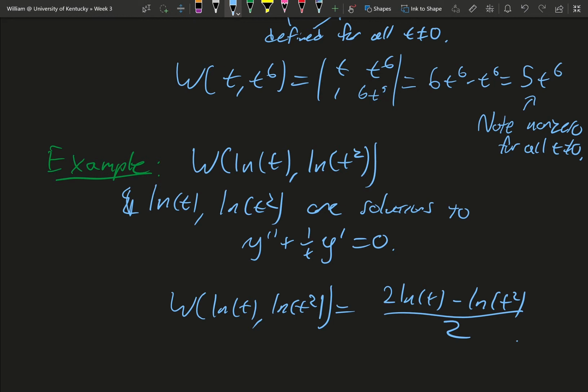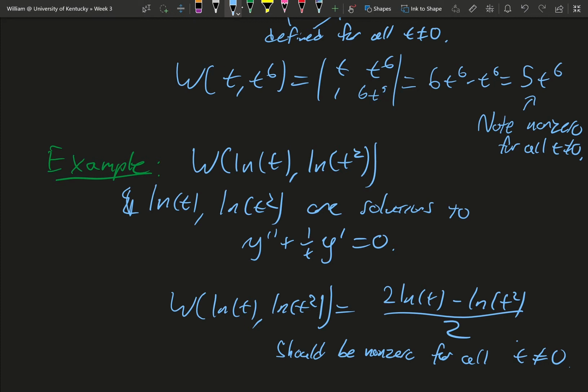And note, by what we just discussed, this should be non-zero for all t not equal to 0.